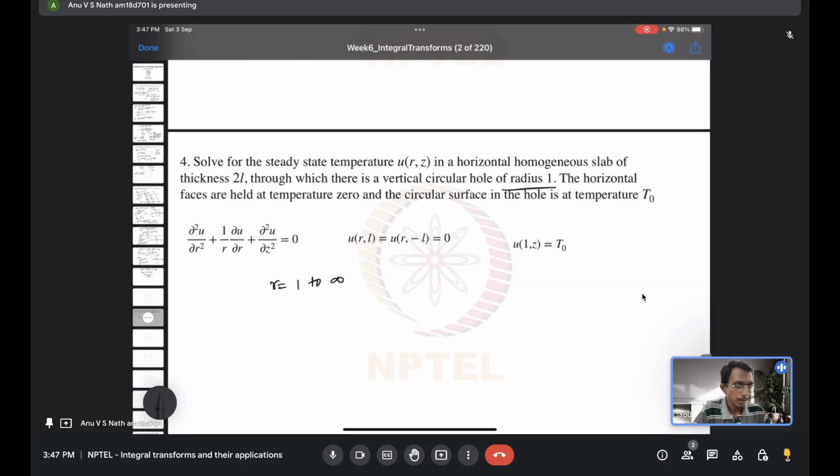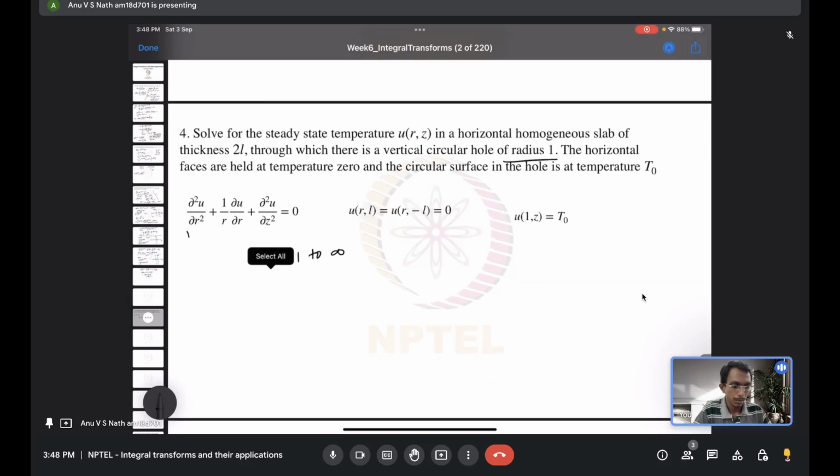So it's actually an out of syllabus thing. Because say the same question comes with no hole, you can actually do it. You just take the Hankel transform and use the property, the first two terms combined, it will be minus s squared times the Hankel transform of u, plus d squared u tilde by dz squared equal to 0, and then you can solve it easily.